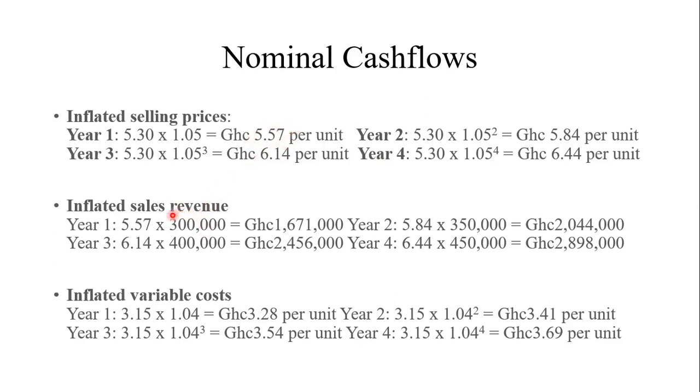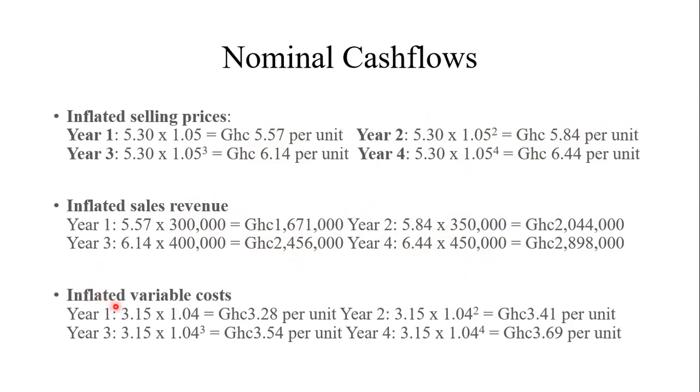You multiply by your 300,000 for year 1. Year 2 would be 350,000 multiplied by year 2's selling price per unit. You do the same for year 3 and year 4. And you arrive at the nominal cash flows, or the future cash flows.